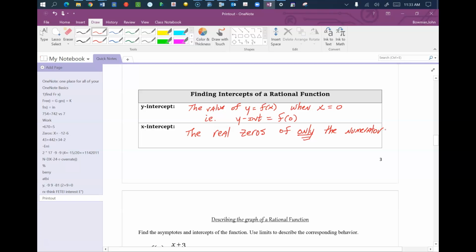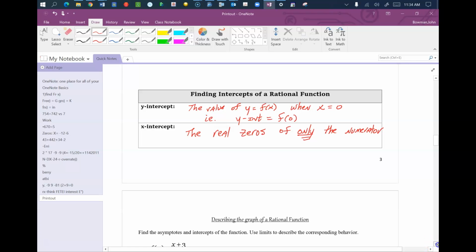In other words, don't worry about the real zeros of the denominator. Find the real values of x that make the numerator equal to 0. Now, if it's a value of x that makes the numerator and denominator equal to 0, technically that's a removable discontinuity. So that is not an x-intercept.